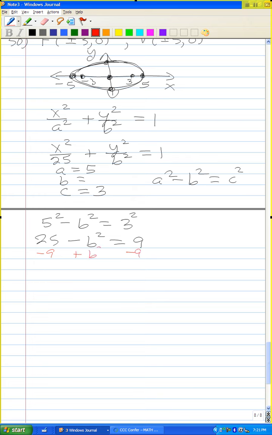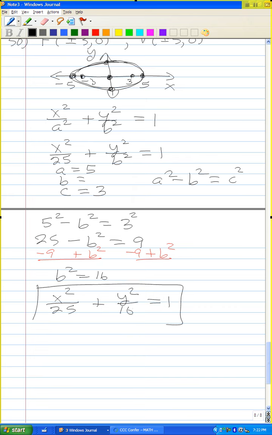Add B squared to both sides of your equation. And so B squared is equal to 16. Therefore the equation is x squared over 25 plus y squared over 16 is 1. And that is the equation of your ellipse.